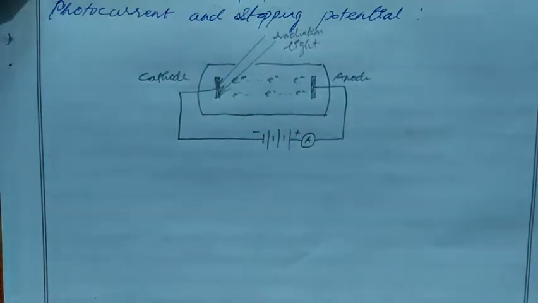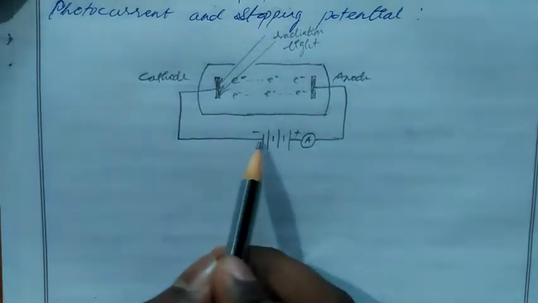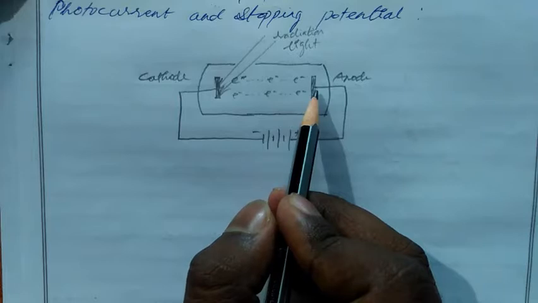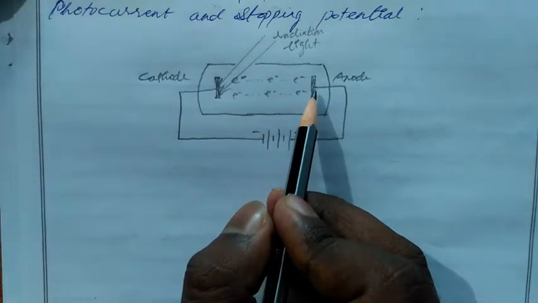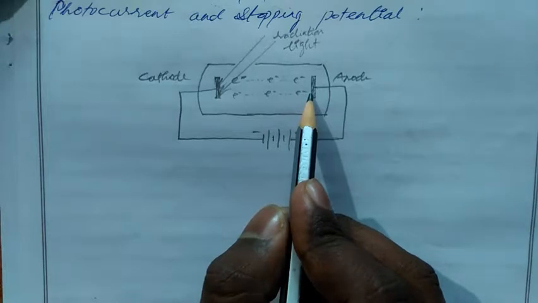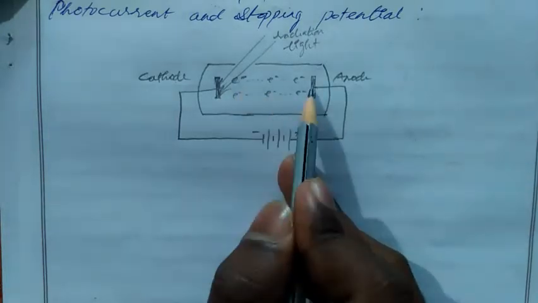Here we have negative charge, here we have positive charge, so this is positive potential. According to Coulomb's law, unlike charges attract, so these electrons are attracted by this positive plate.